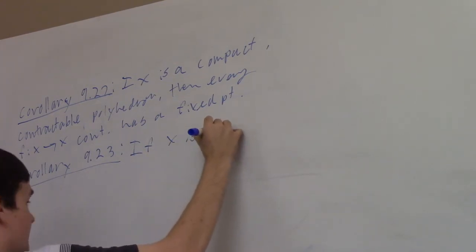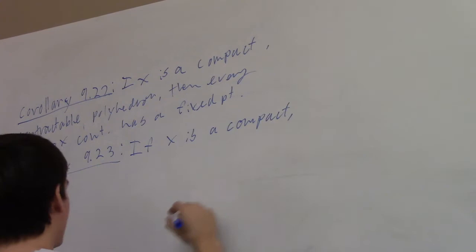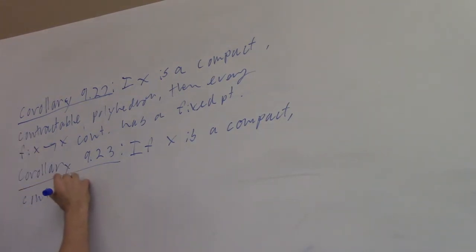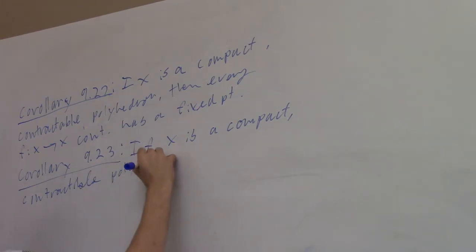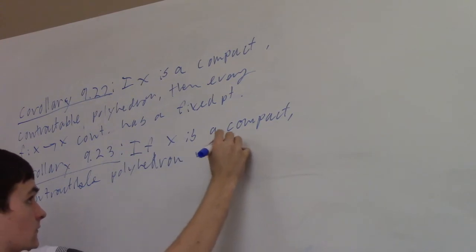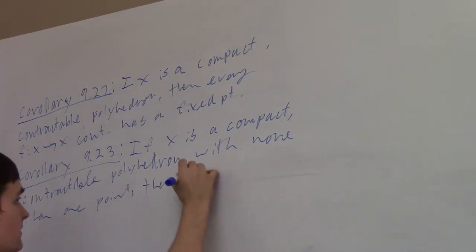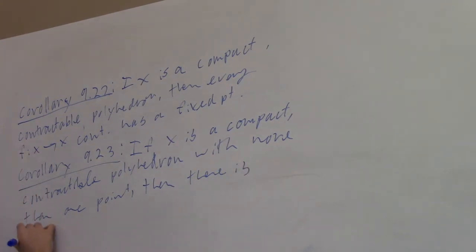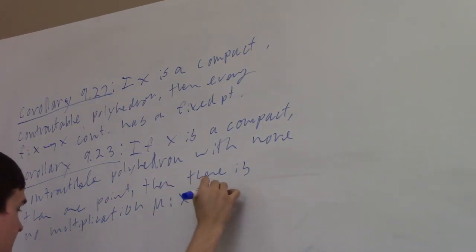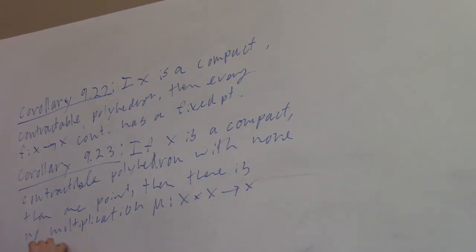If X is a compact, contractible polyhedron with more than one point, then there is no multiplication mu from X cross X to X making X a topological group.